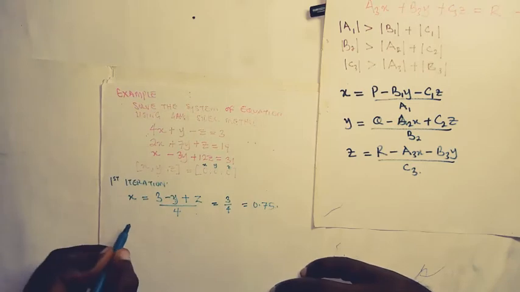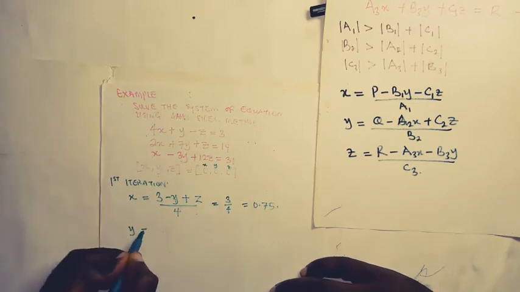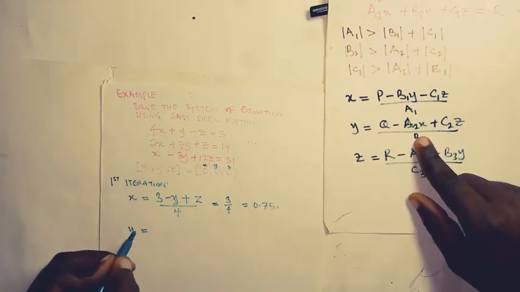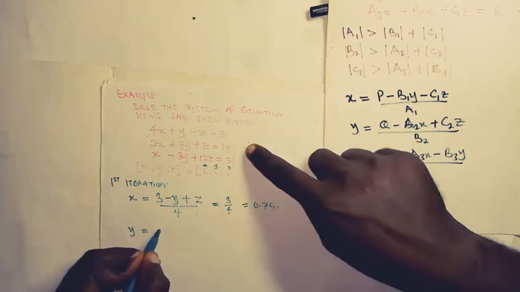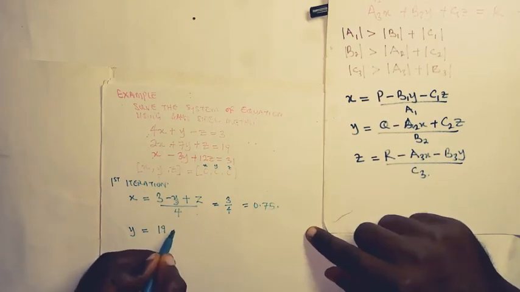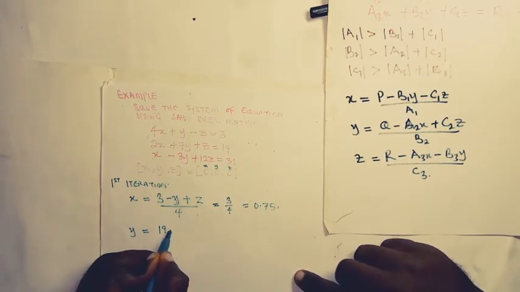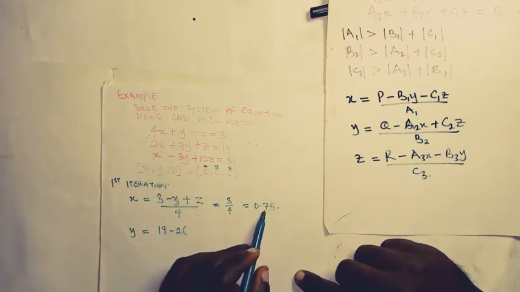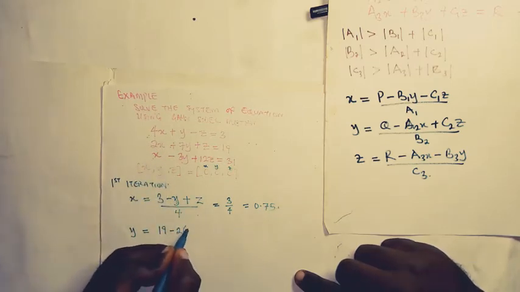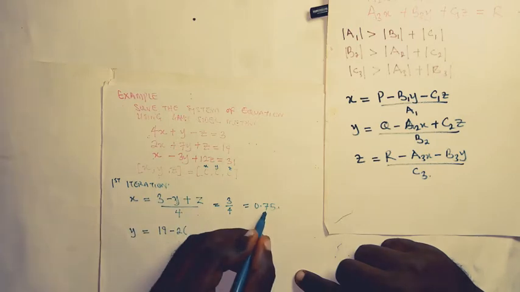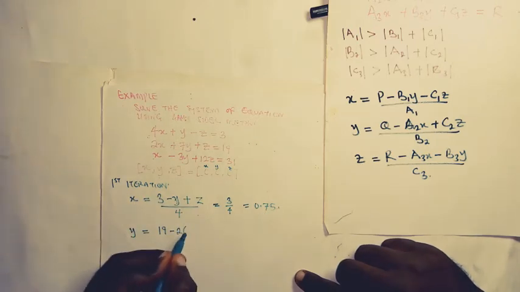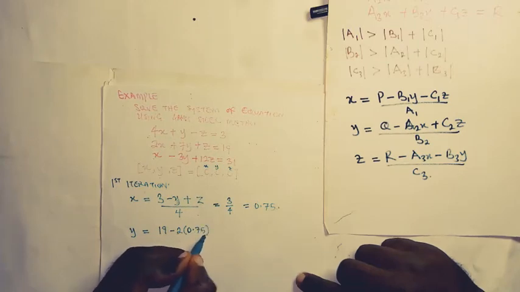We go on to y. For y, we say the formula for y is 19 minus 2 times x. Now instead of writing x, I just put in the value for x, which is 0.75. I'm not going to be using the old x because I have a new value for x that I'm going to be using immediately.